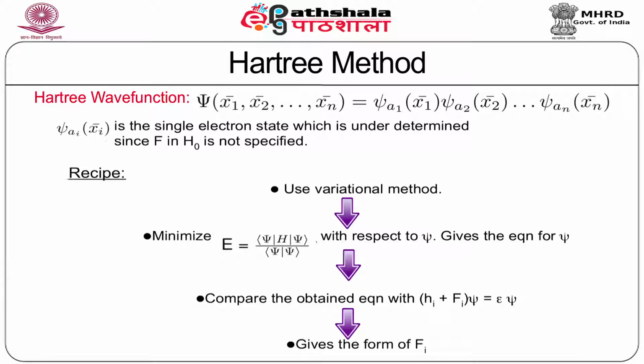This gives the equation for psi. Compare this equation with the single electron equation given by little h_i plus f_i times psi equal to epsilon psi. This gives the form of f.